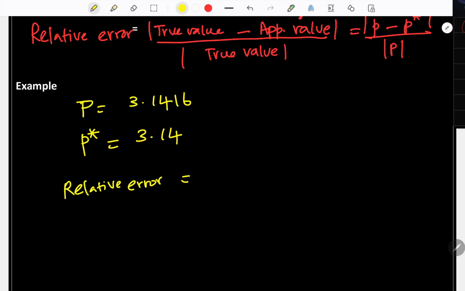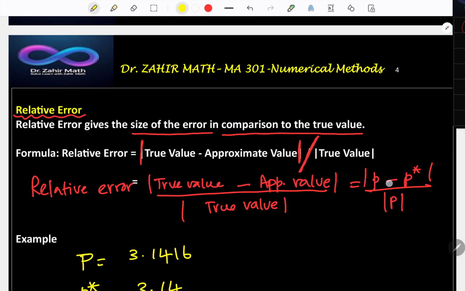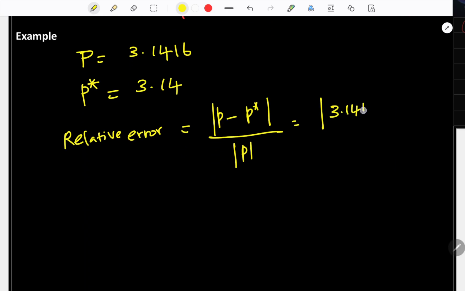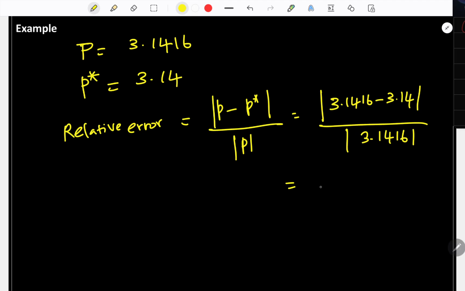The same thing: absolute value of P minus P star divided by absolute value of P. Just now we calculated this value, but I'll do it again, no problem. So 3.1416 minus 3.14 divided by absolute value of 3.1416. Let me put all these in the calculator. So which is equal to 0.000509. So this is the relative error.